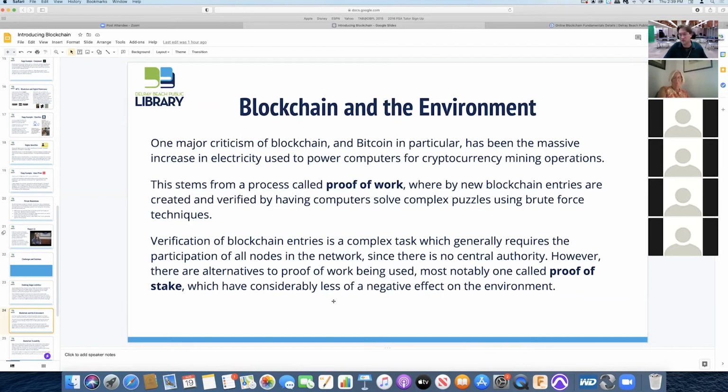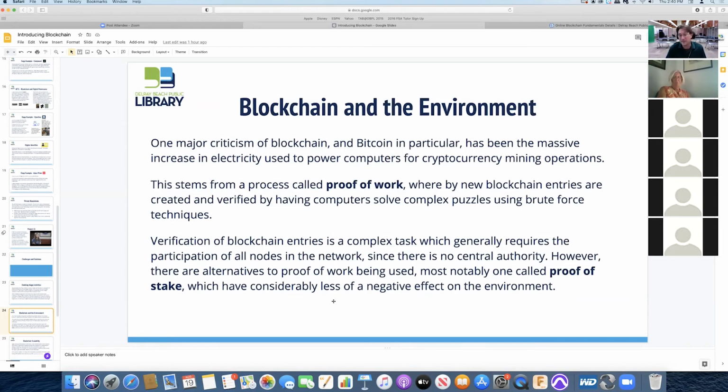This is an argument that goes back and forth. And those in support of Bitcoin will say, well, it's not really affecting the environment that much because it's making more use of environmentally sustainable, newer energy sources, basically, sustainable energy sources.